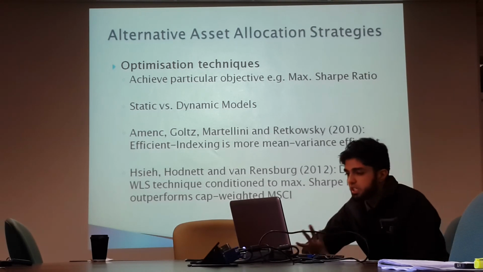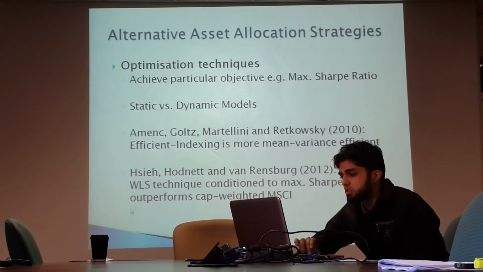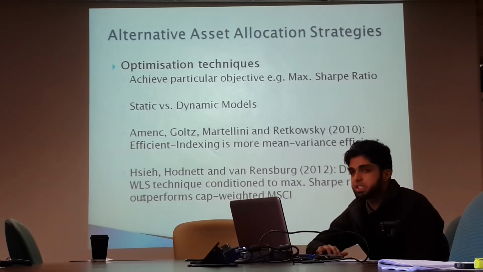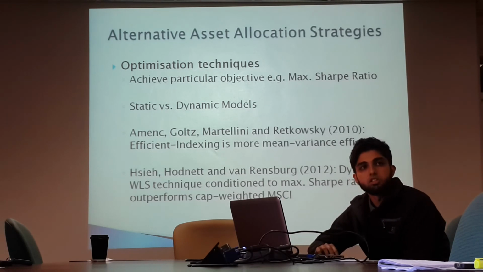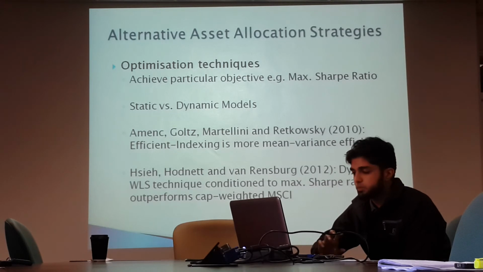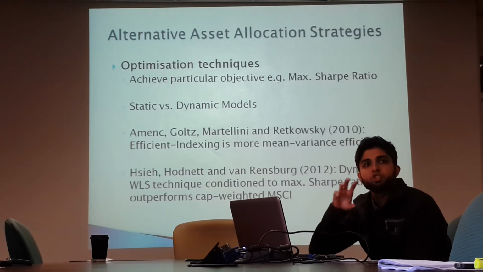Now let's just look at two studies here. We've got Amenc, Goltz, Martellini and Retkowsky 2010. These are individuals who are part of the EDHEC Risk Institute, and they conducted a study which uses Sharpe ratio optimized rolling time series allocation.